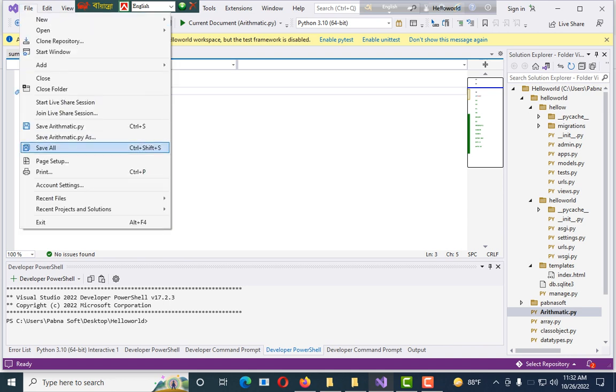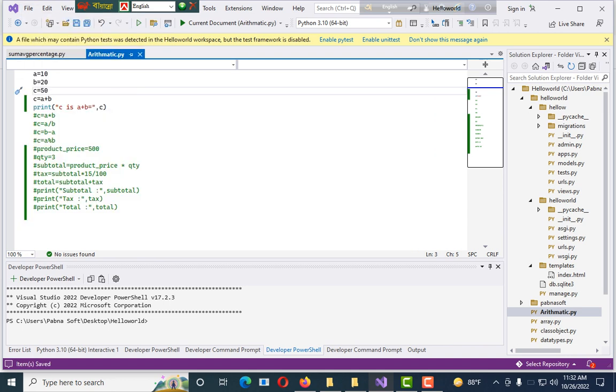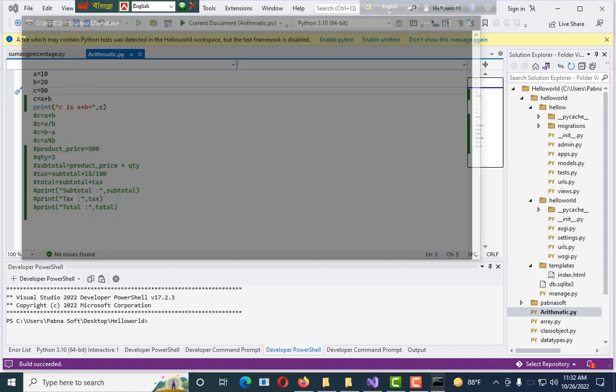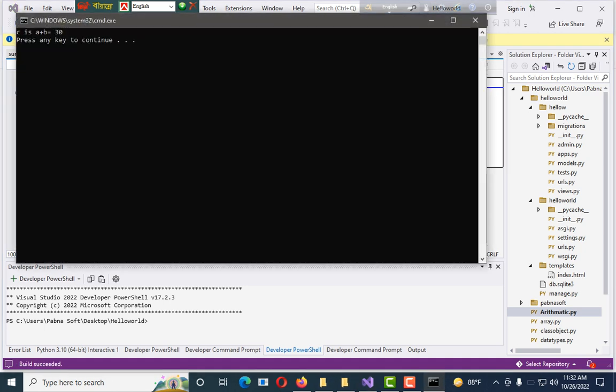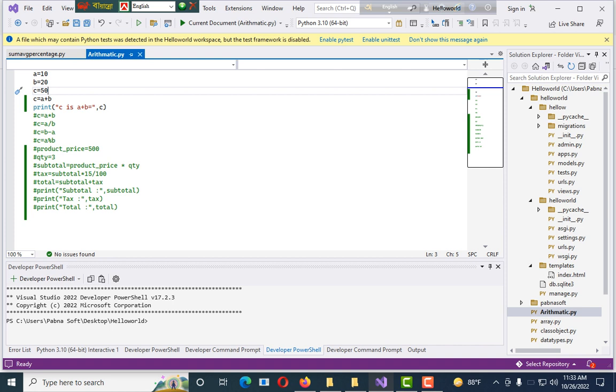So now we can run the project arithmetic operation. So I will see that c equal to a plus b and result. Okay, c is a plus b equal to 30.